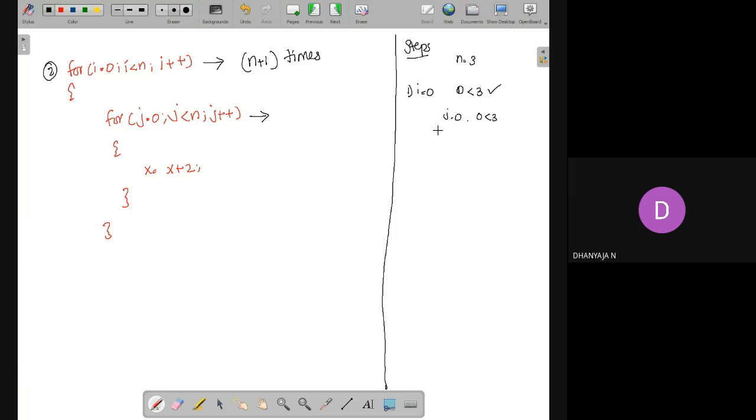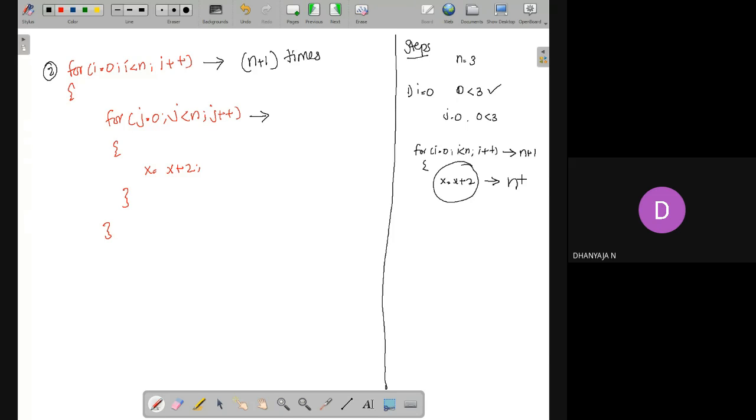You are very much aware of our previous example, where for i equal to 0, i less than n, i plus plus, and x equal to x plus 2. This means this for loop will execute n plus 1 times, and whatever statements are inside this for loop will execute n times. Is that clear? Is that okay? All of you are agreeing?